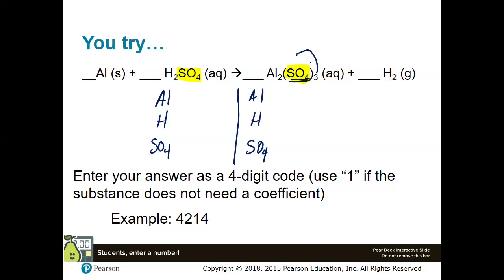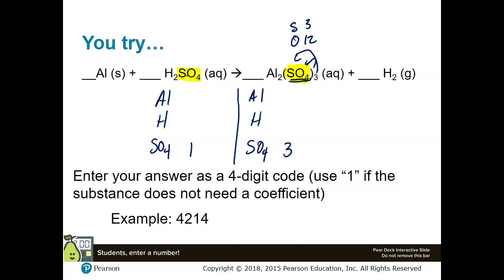And instead of having to distribute this 3 and come up with 3 sulfurs and 12 oxygens, I can instead just go, oh, there are 3 sulfates here. 3. And there's 1 sulfate over here. 1.